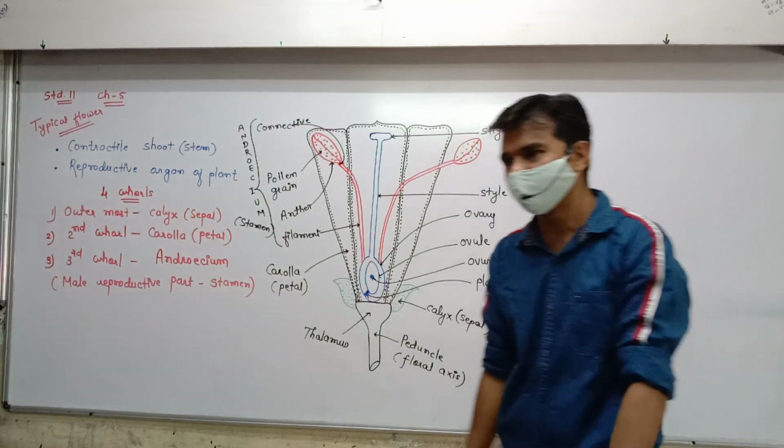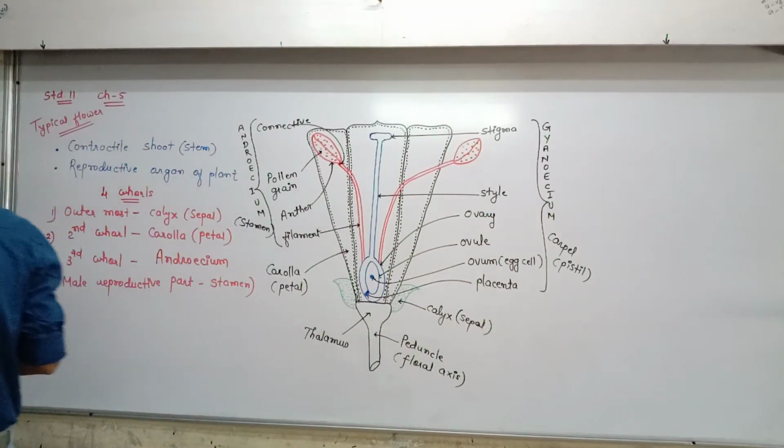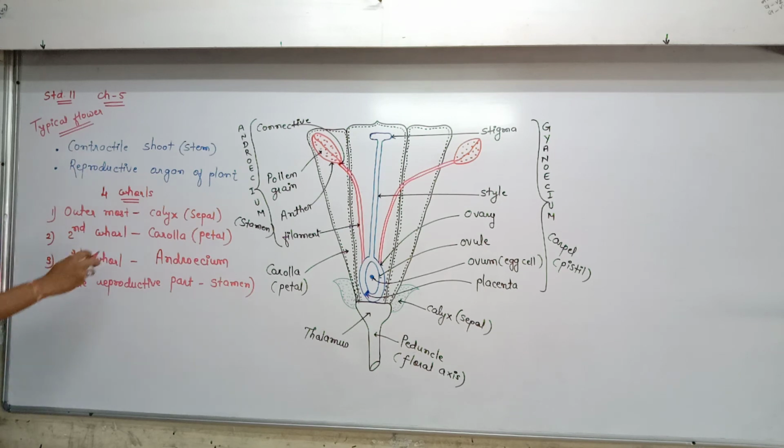The fourth wall, the inner wall, the innermost one. So is everybody clear about the parts of the anther and their function?